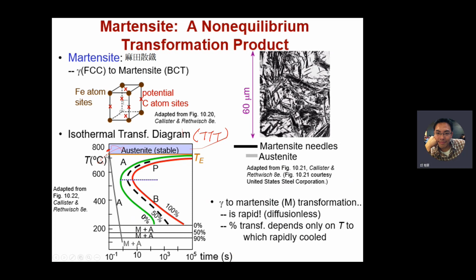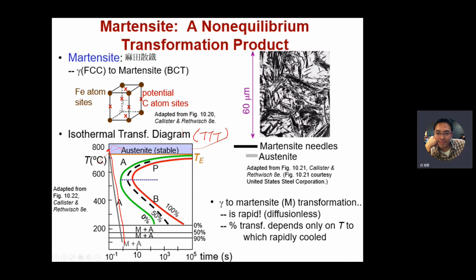The austenite to martensite transformation is rapid and diffusionless, and the transformed fraction depends only on temperature. There's no time for diffusion, because the temperature cools very quickly.